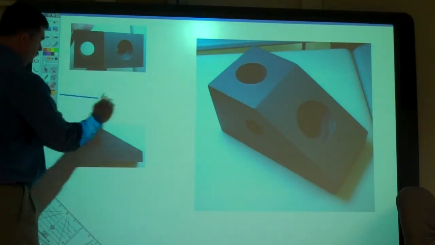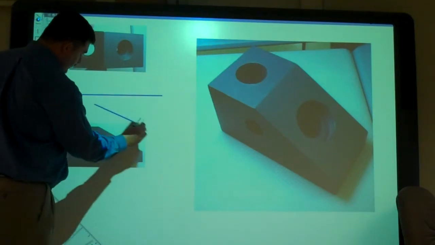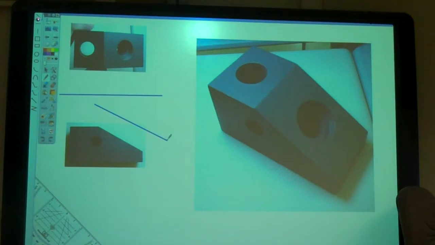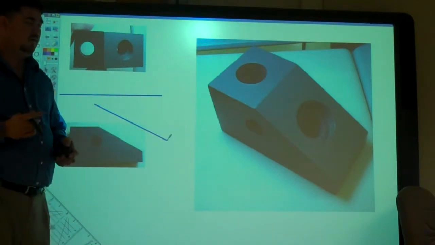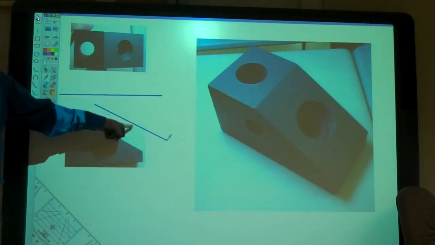So make a line there. I can have a folding line parallel to that. How do I get a line parallel to that? What's a way I can get that line parallel to that one?